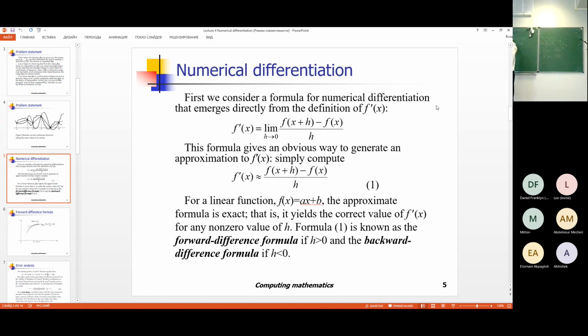This is 1.1, but now we should compute 1.01. Please find the value of f of 1.01. You should just multiply it.